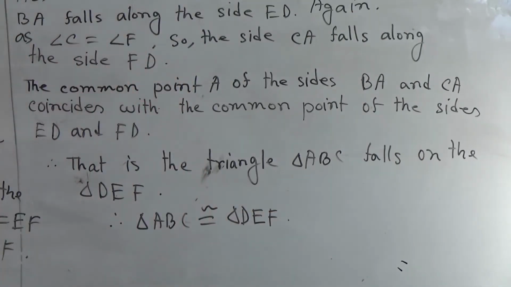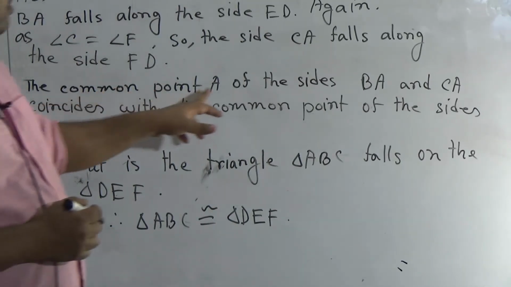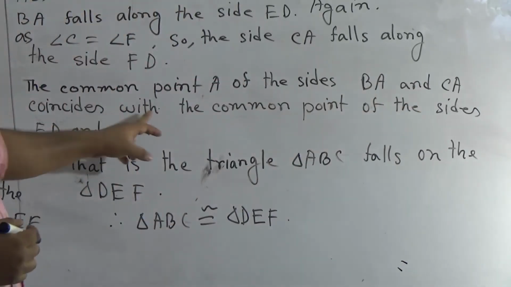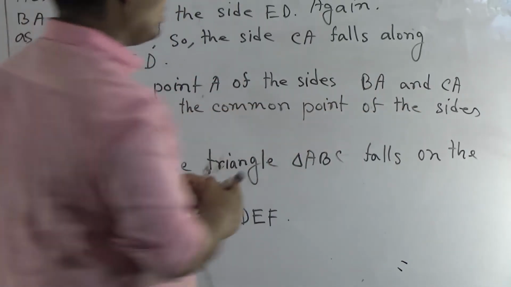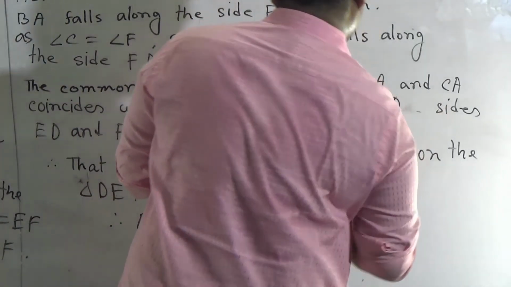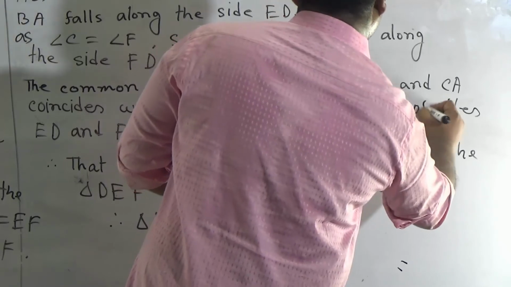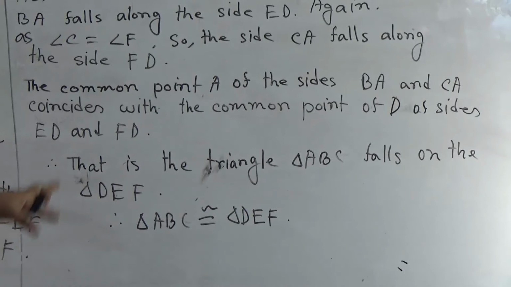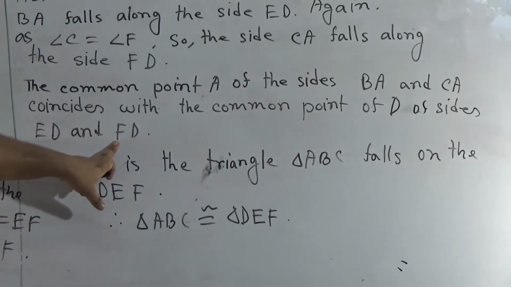My dear students, please notice there is a correction. The common point A of the sides BA and CA coincide with the common point D of sides ED and FD. But in your book, the information is wrong.